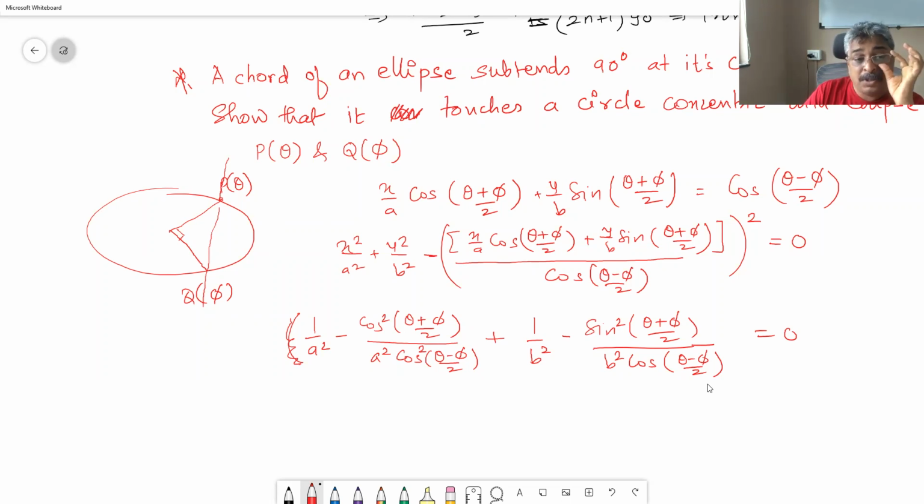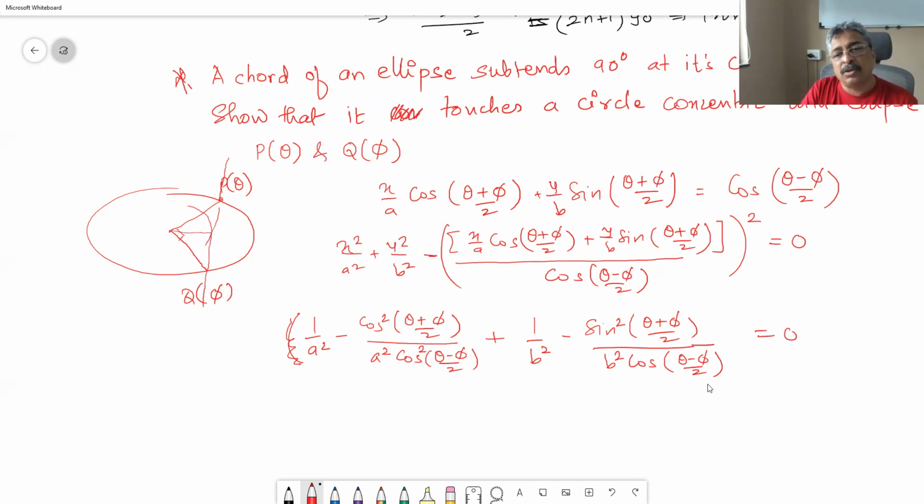So if this is equal to 0, by looking at this expression, we should conclude that there exists a circle. What is supposed to be proved? That it touches a circle concentric with the ellipse. So this is our chord and it is supposed to touch the circle concentric with the ellipse.